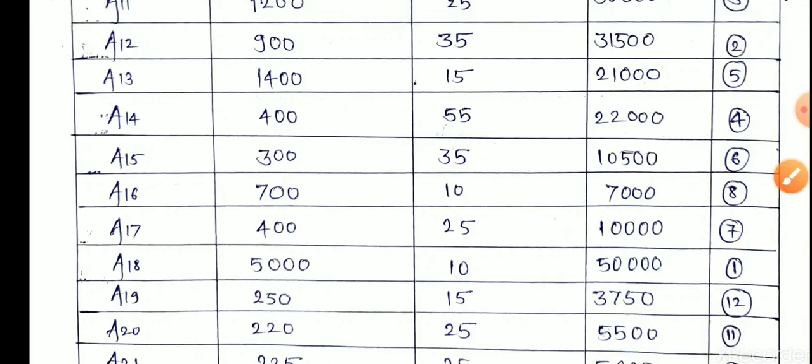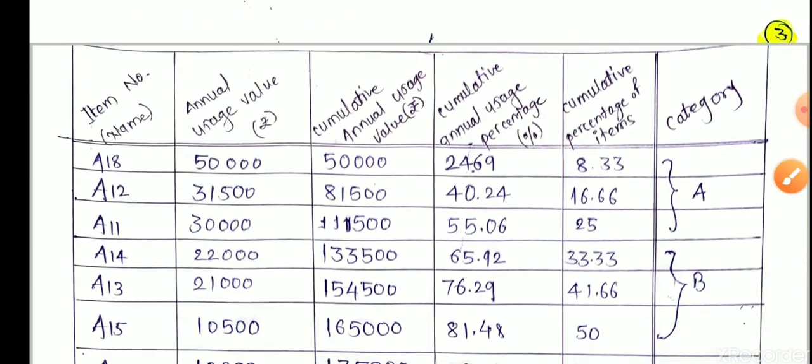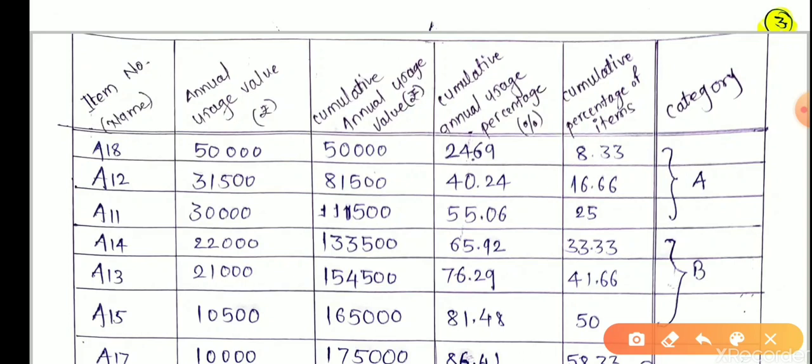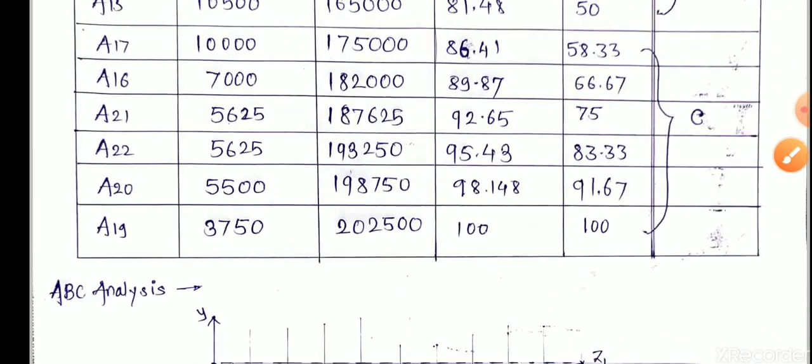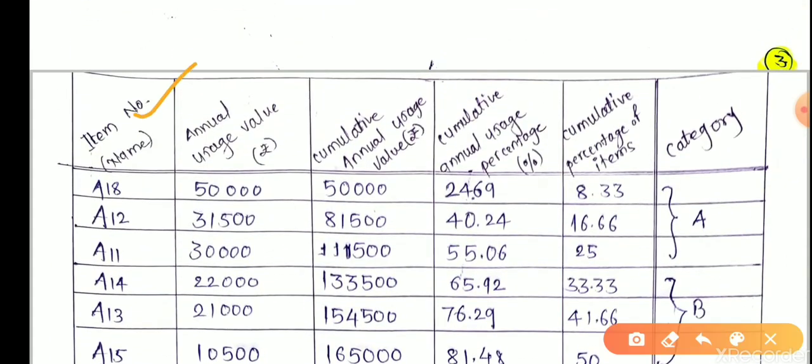Okay. After giving all ranks, we have to proceed to the next table. The next table compulsorily includes 6 columns. For every problem of ABC analysis, item number, annual usage values, and cumulative annual usage values are there. Item numbers we write in descending order of the annual usage value we calculated in the previous table.